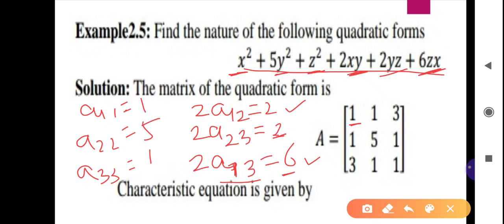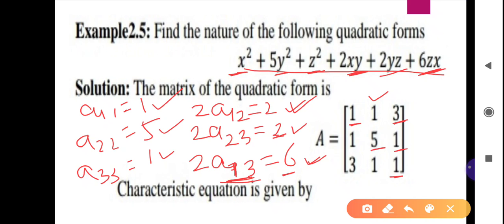Here put the value of A11, that is 1. Then here put the value of A22, this 5. Then put the value of A33, this 1. Then A12, that is 2 upon 2, it is 1. Then A13, it is 3, put here. Then A23, divided by 2, it becomes 1, put here.